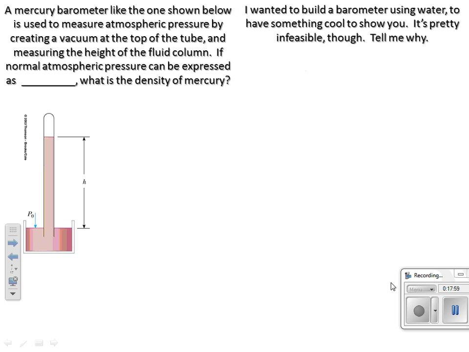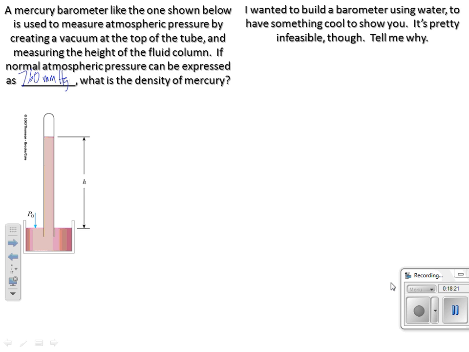Now, a mercury barometer: vacuum at the top, measure the height. Now, normal atmospheric pressure, you've probably heard this: 760 millimeters of mercury. You ever heard that for atmospheric pressure? I have. Constantly. So we want to know what the density of mercury is.